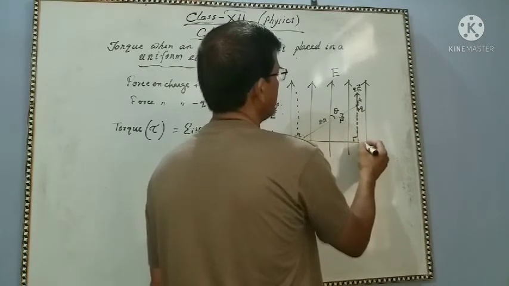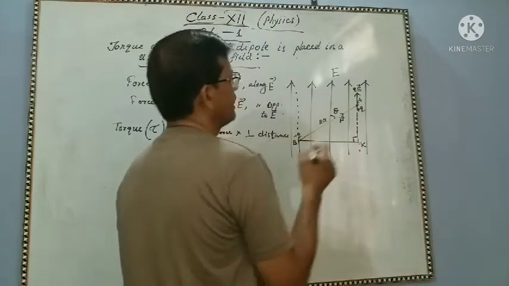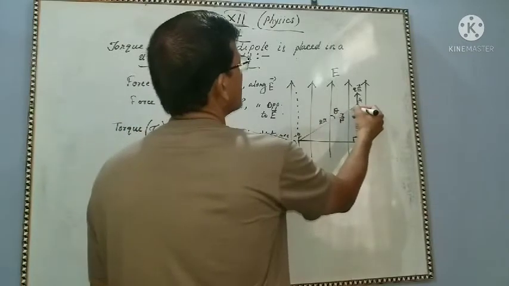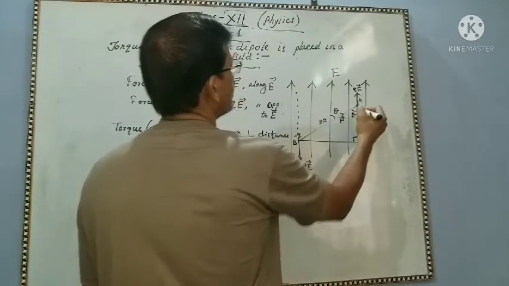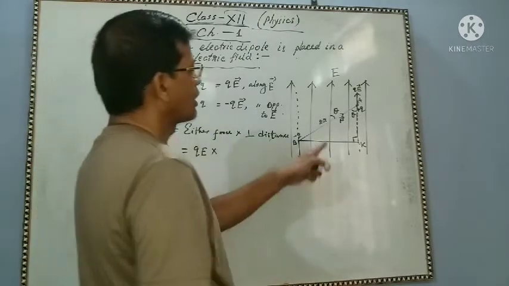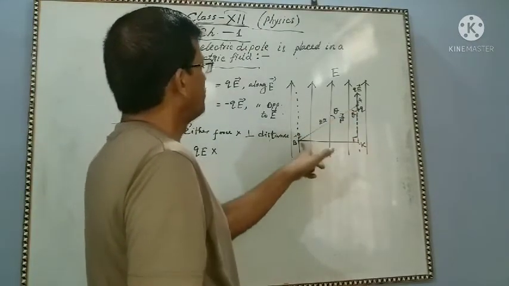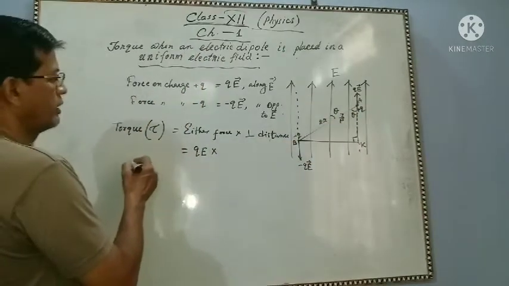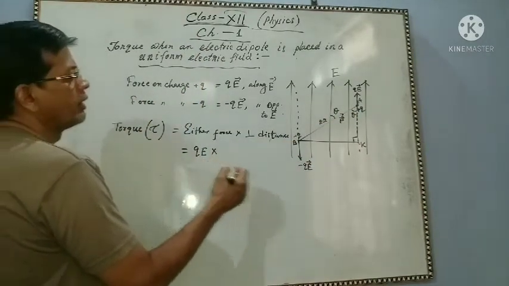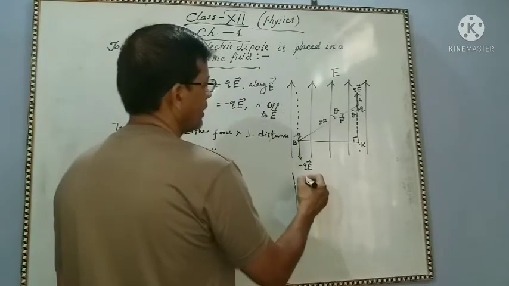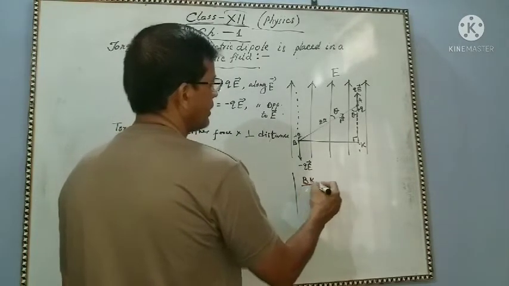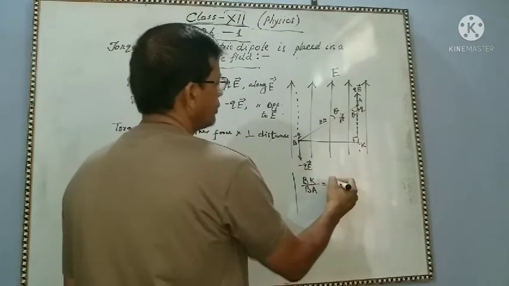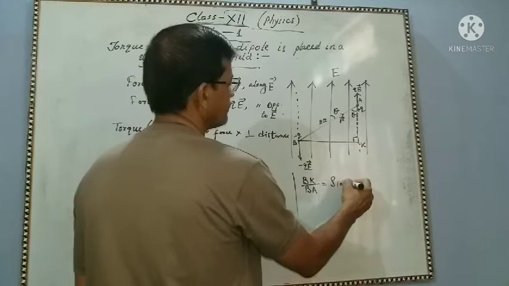So this is the perpendicular distance. This is K. So what is BK? If this is theta, this angle is also theta. So you see, BK by BA equals sin theta.